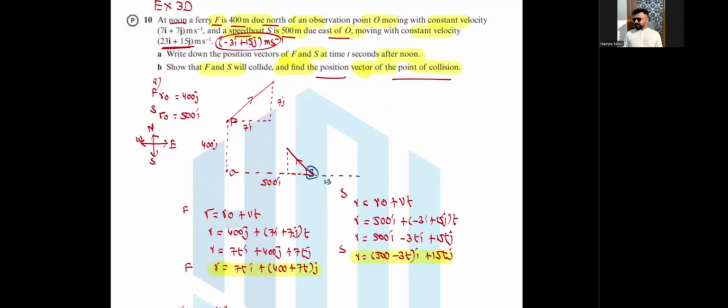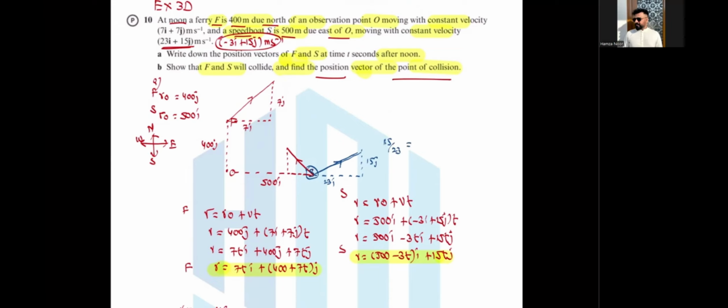And vertically you are going 15 units. So 23i plus 15j, if this was the constant velocity vector of the speedboat, then you can see that this line, the path in which the speedboat would have been traveling, the gradient would be the change in y over change in x, meaning the rise over run. So you can say that the gradient of this line would be 15 divided by 23. What is the value of 15 over 23?